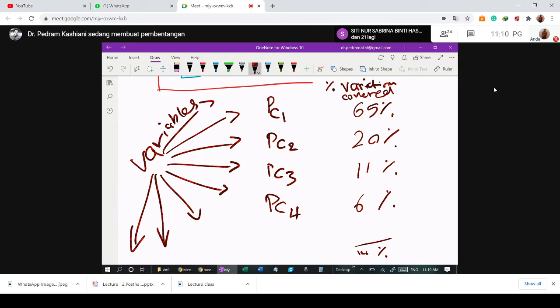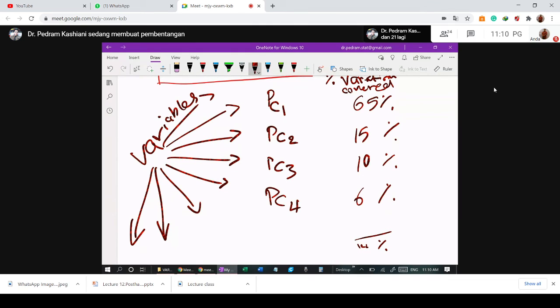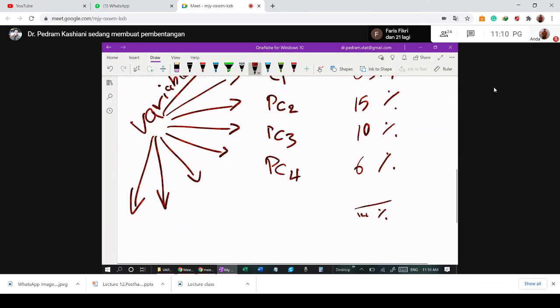So 65, 75, 85, 95. This one cannot be 20, so let me change it to 15. This one I change to 10, for example. So 65, 75, 80, 90, 96.